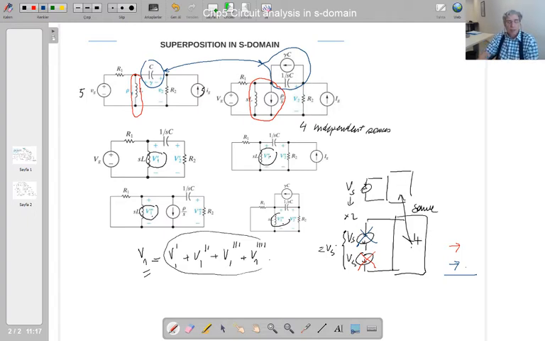So the conclusion is that this is in practice called, from time to time, the multiplication theorem. That means if you multiply the independent sources by K, a constant, all the element currents and voltages will also be multiplied by K. That's the conclusion that we get out of the superposition theorem.